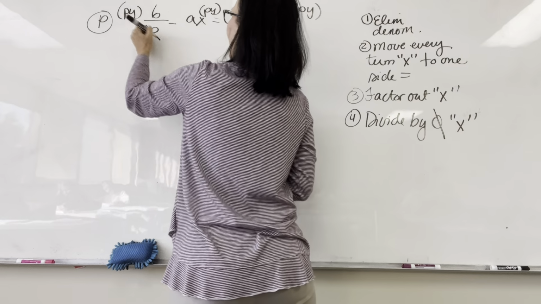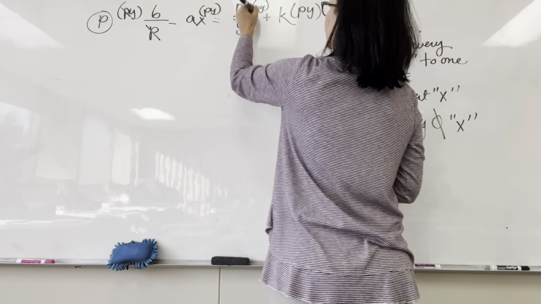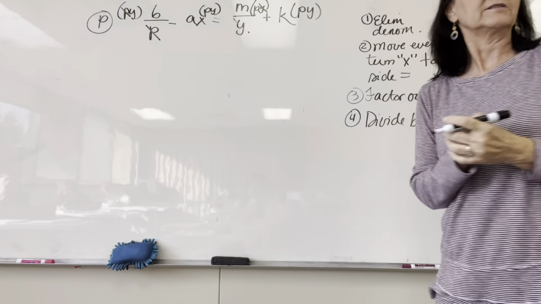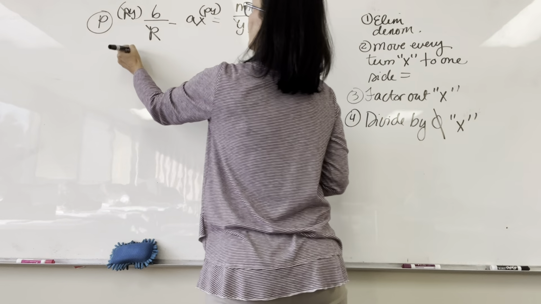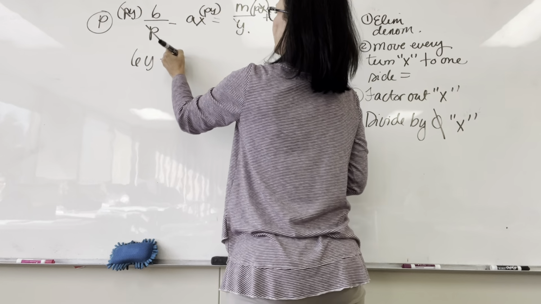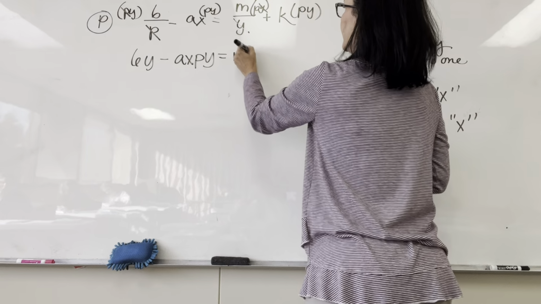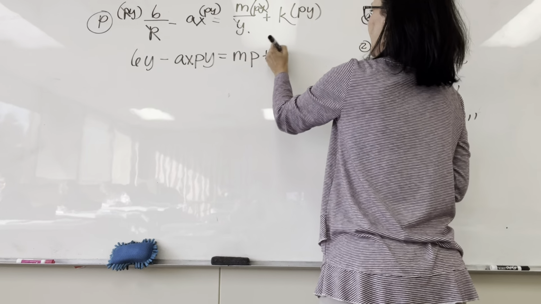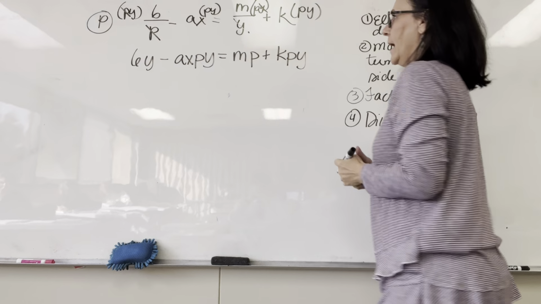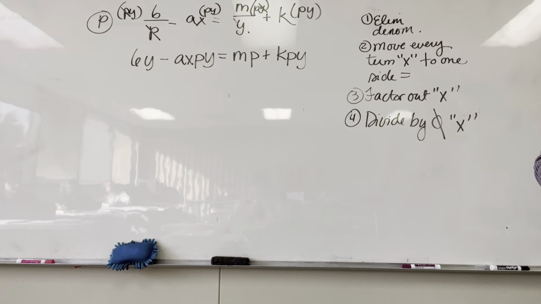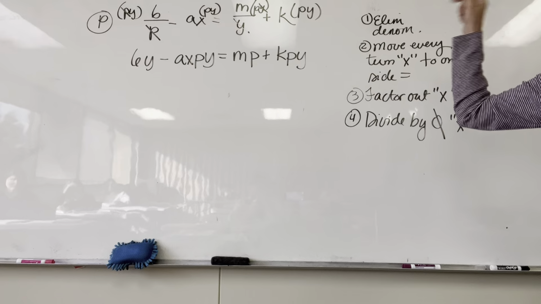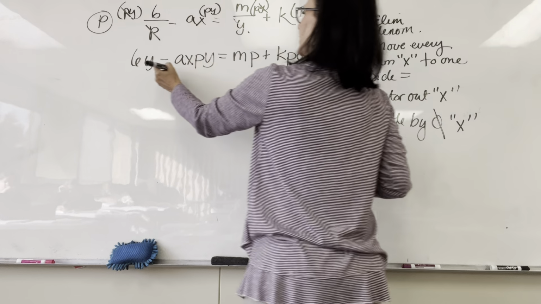Before I multiply, I will simplify. That's how I eliminate my denominators. The first term we're left with 6y minus axpy equals mp plus kpy. I'm solving for p, so I'm going to move that axpy over through addition.